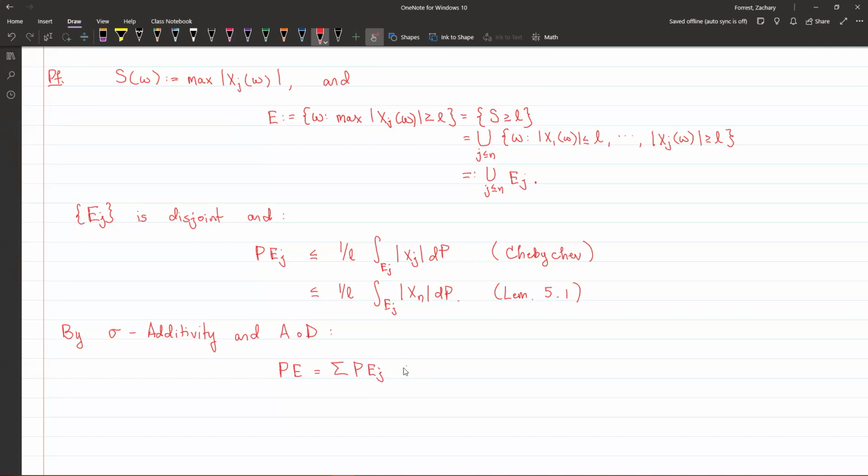And then using what we've got there, it ends up being just the integral 1 over L of E, absolute value of XN. And then if we allow our set E to be expanded, dilated outward to the entire set omega, like so, we end up just getting absolute value of XN integrated over all of omega, which is nothing more or less than the expected value.